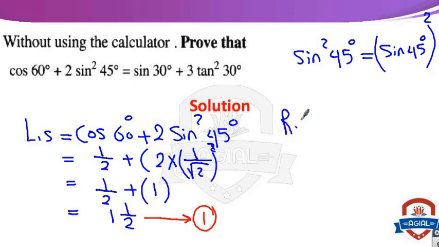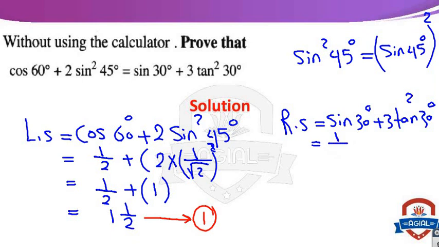Right side equals sine 30 degree plus 3 tan square 30 degree. Sine 30 degree equals cosine 60 degree because 60 and 30 are complementary angles. Cosine 60 equals sine 30 equals half, plus 3 times tan 30 degree, which equals 1 over square root of 3, squared.